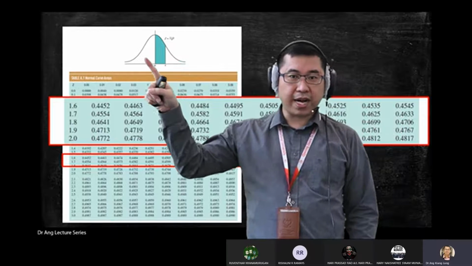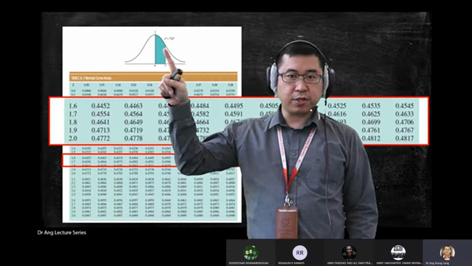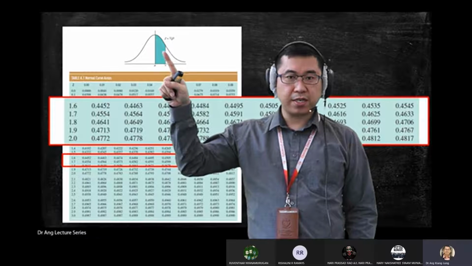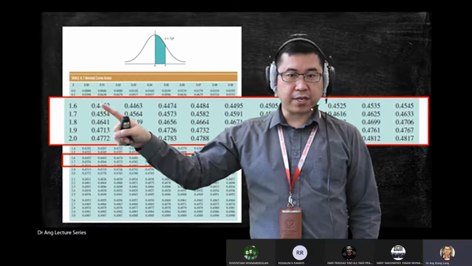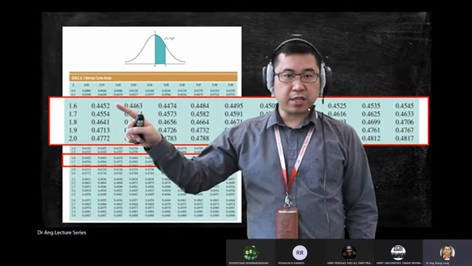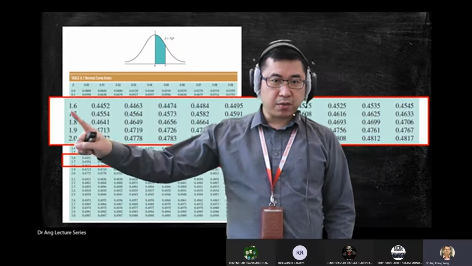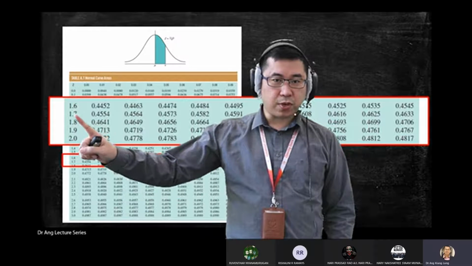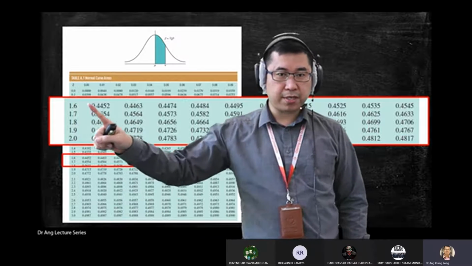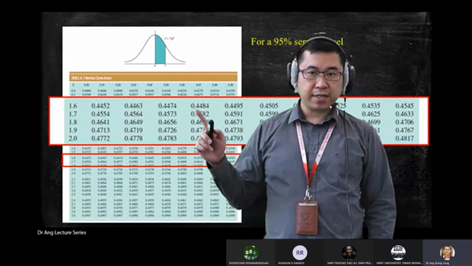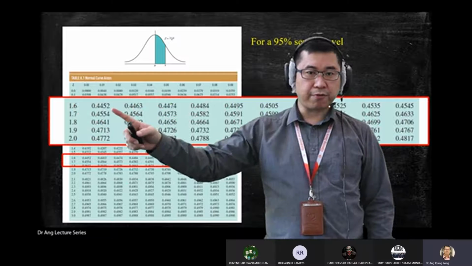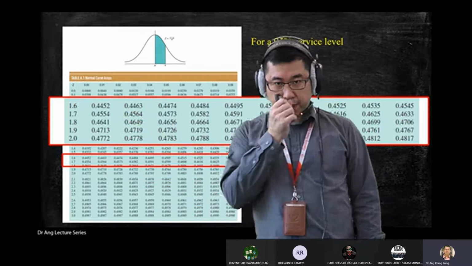The question asks you to find 95%. You already know half of the graph is 50%. You need to find the other half, which is here, 45%, and 45 is about here. You need to do interpolation in between 1.6 and 1.7. You have two numbers here. Do interpolation to find 45% over here.